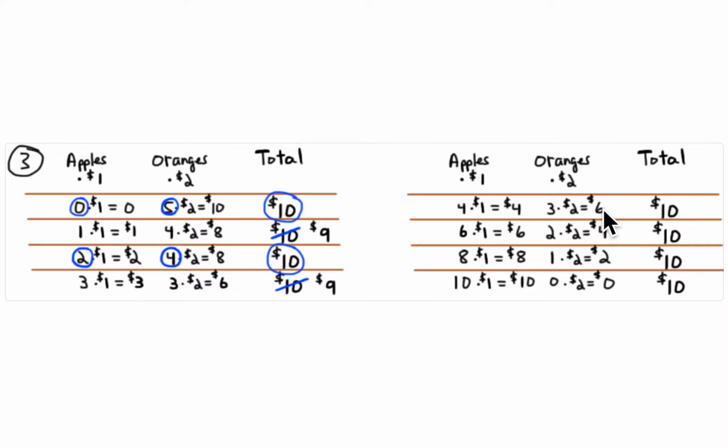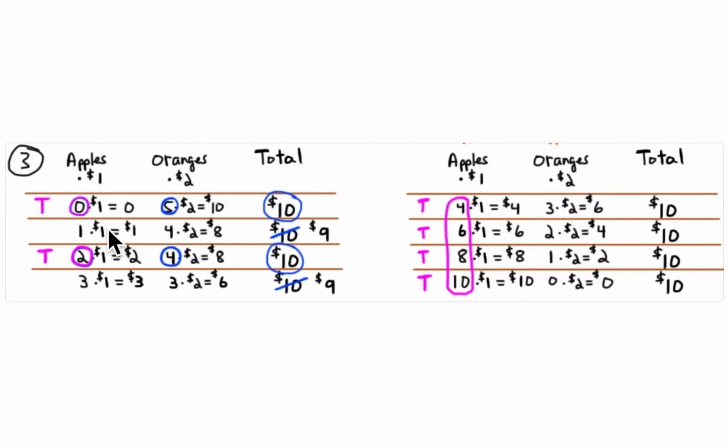So if you have an even cost of oranges, then to get to $10, which is an even number, you have to have an even cost of apples. Even cost of oranges, because they always get multiplied by 2, and you have to have an even cost of apples. So that means you have to purchase either 0, 2, 4, 6, 8, or 10 apples.